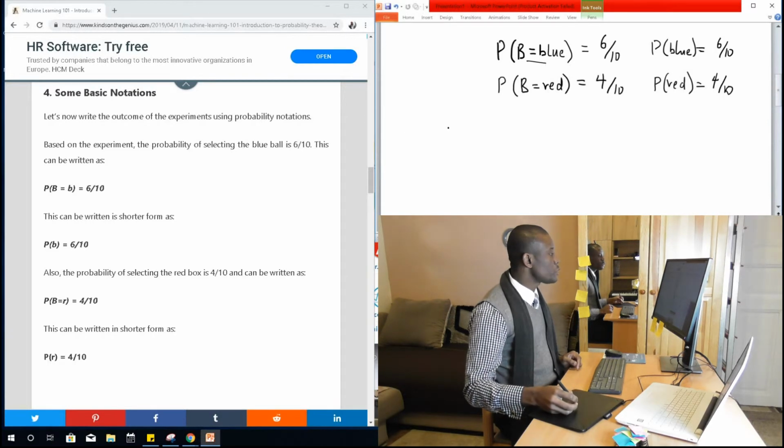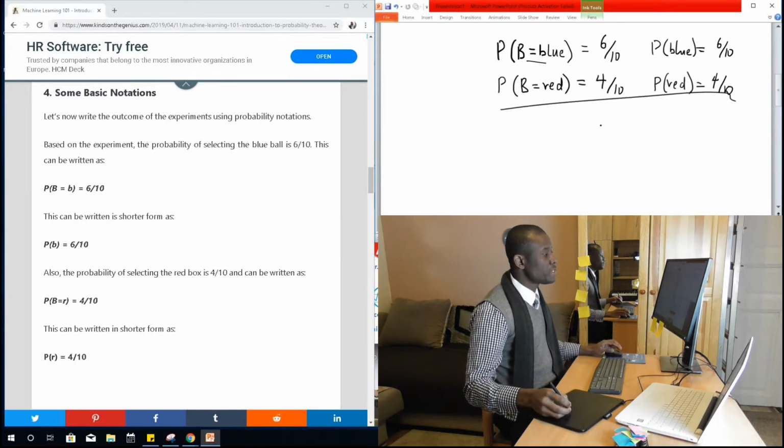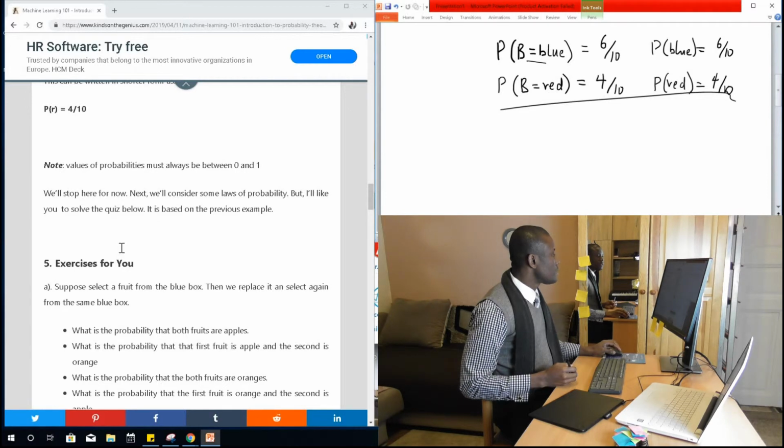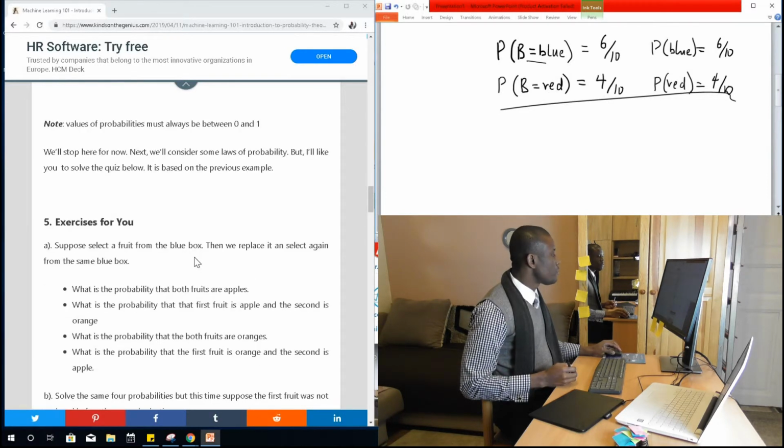In the same way, we can also represent it in the case of the fruits, because these two we mentioned are just for the box. So if I scroll down, we have: suppose you select a fruit from the blue box, then we replace it and select again from the same blue box. What is the probability that the fruit is an apple?